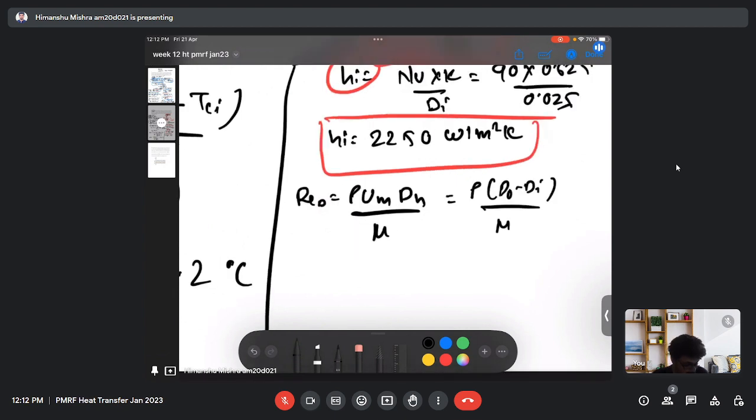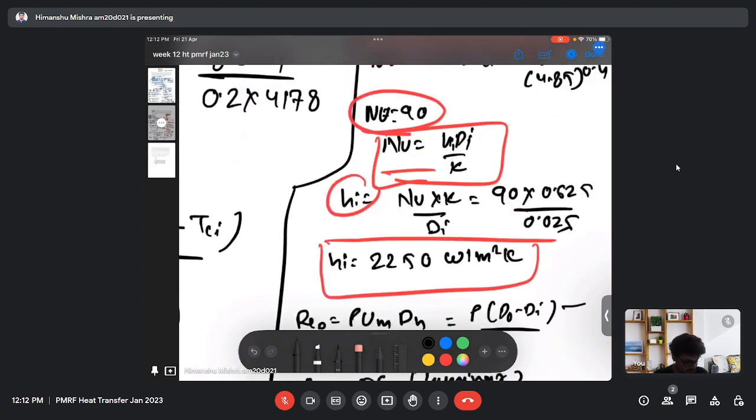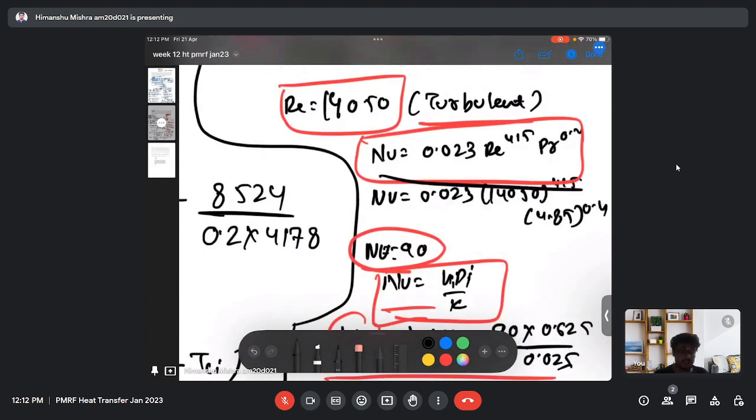Since it's an annular flow, I'm using D naught minus DI. So my Reynolds number at outlet is 56, which means at the outlet it is laminar. So my Nusselt number at outlet is found using the Nusselt number correlation for the laminar flow.